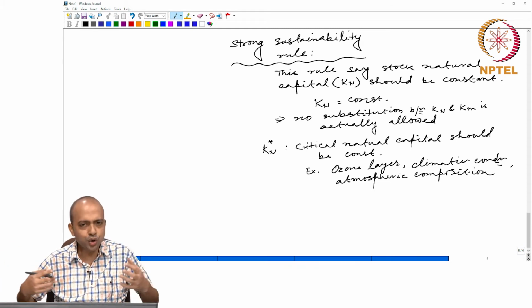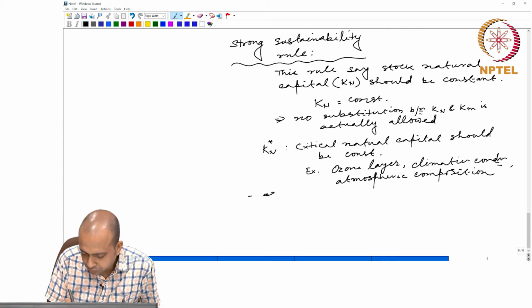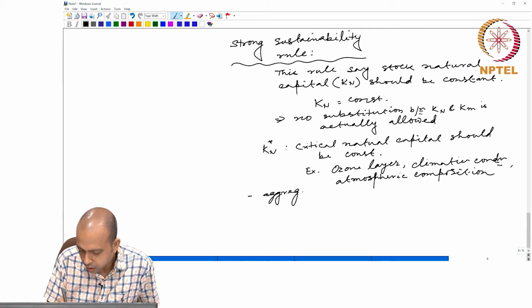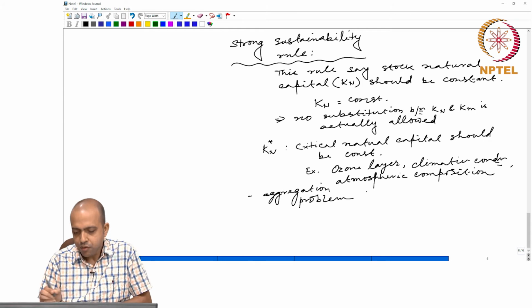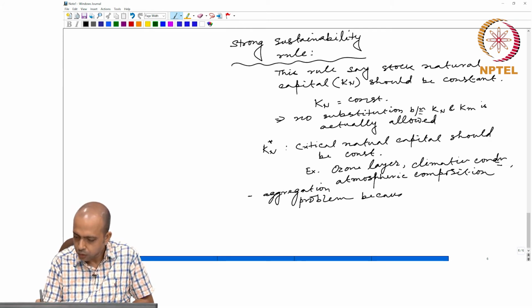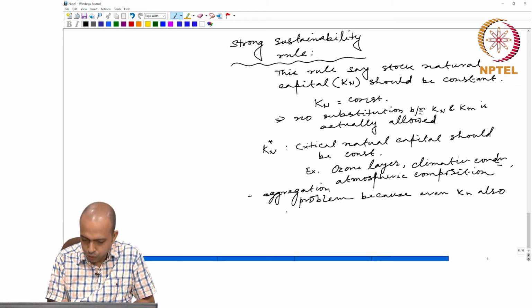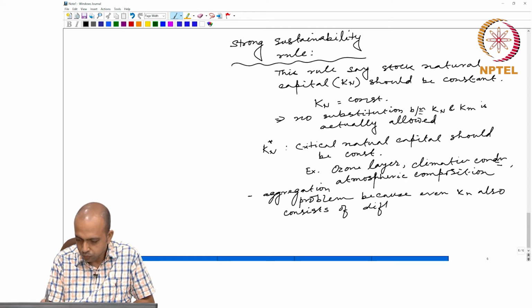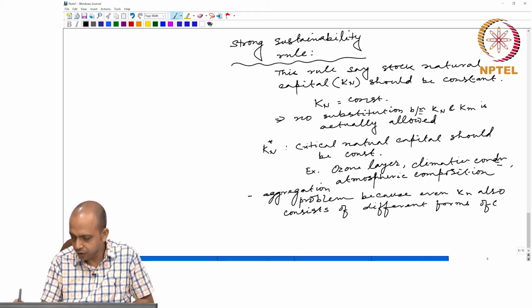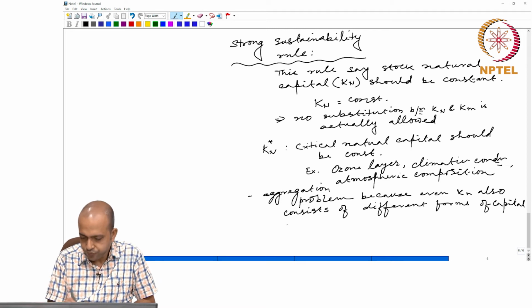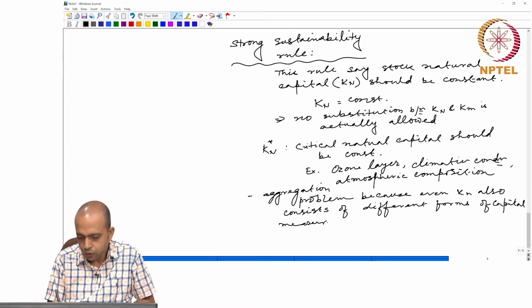So how do we aggregate again? This is the aggregation problem, because even Kn consists of different forms of capital measured by different units.